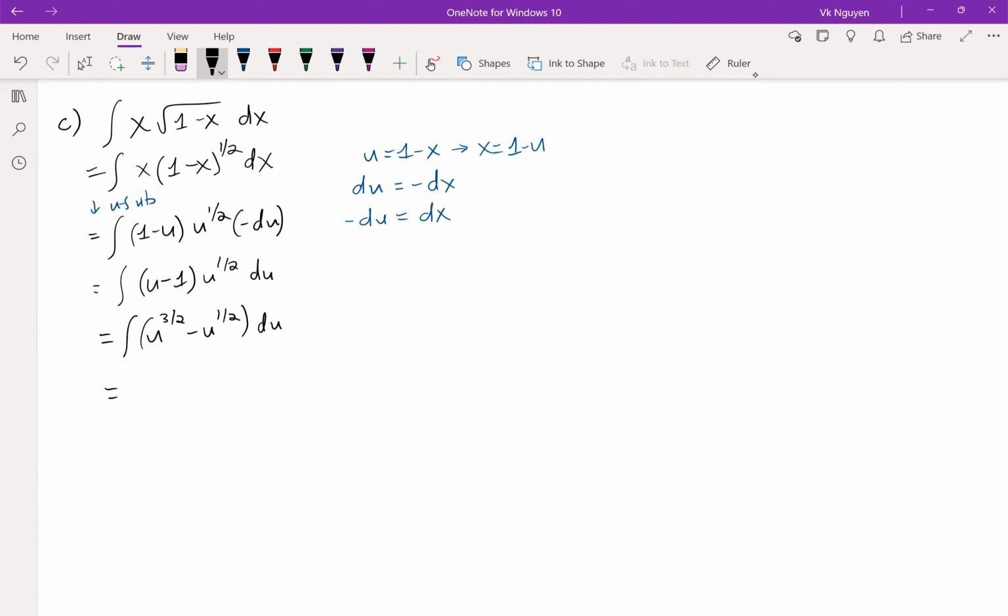And the antiderivative is u to the 5 over 2 over 5 over 2 minus u to the 3 over 2 over 3 over 2 plus c.